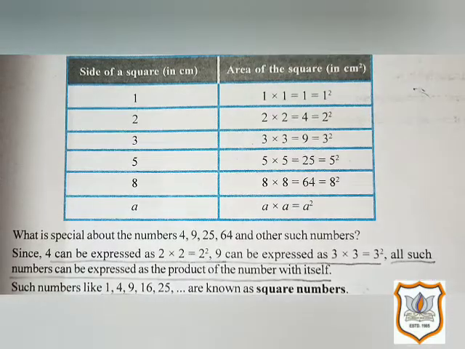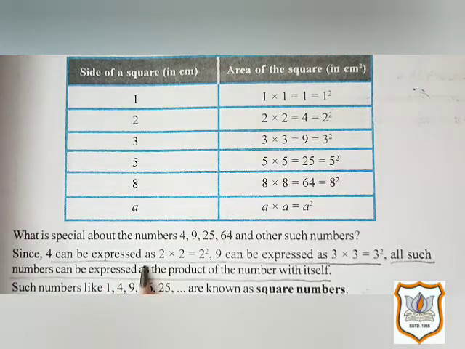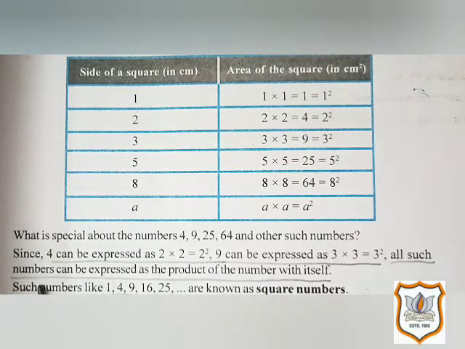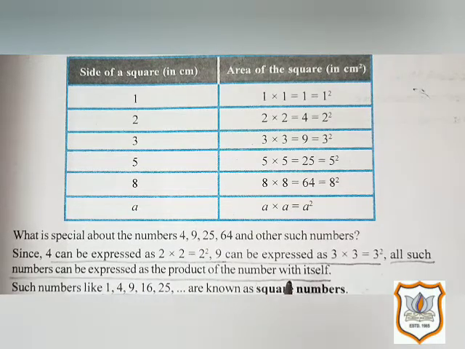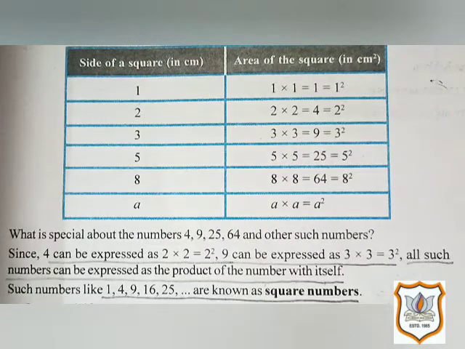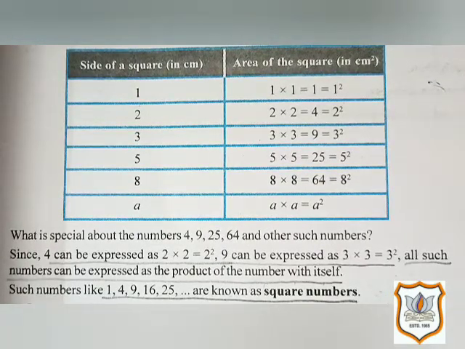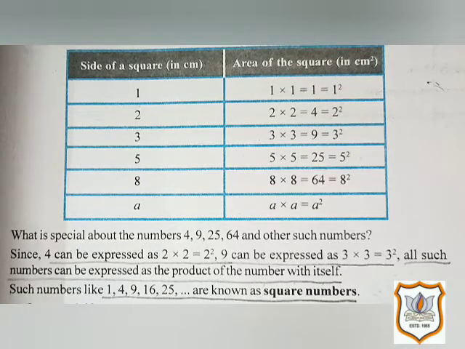So students, you can observe that 4 can be expressed as 2 square and 9 can be expressed as 3 square. All such numbers can be expressed as the product of the number with itself. So students, if a whole number is multiplied by itself, the product is called the square of a number.